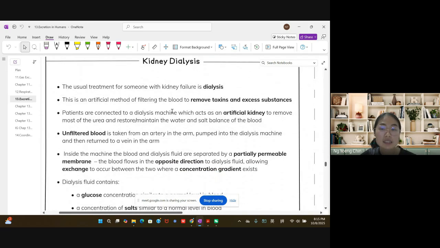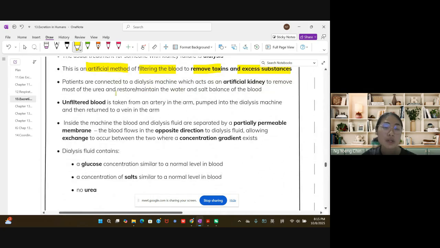Kidney dialysis is an artificial method that helps filter the blood to remove toxins and excess substances. Usually, when you want to use kidney dialysis, they use catheters to connect tubes and enter into your artery. So you are connected to the dialysis machine, which functions just like the kidney.